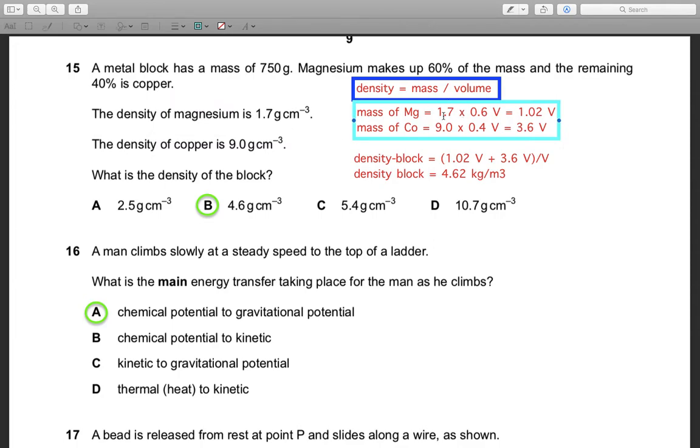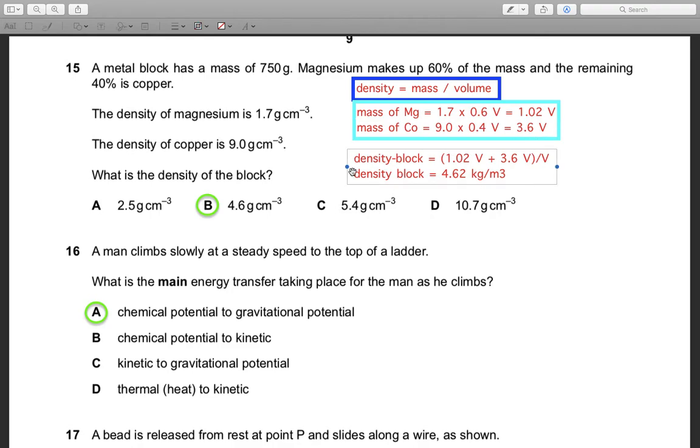The density of magnesium is 1.7, and the volume of magnesium is 0.6 of the total volume, because it is 60%. So we get 1.02 V as the mass of Mg. What about the mass of copper? It is density times the volume of copper. Density of copper is 9.0, and the volume of copper is 0.4 of the volume. So we get 3.6 V.